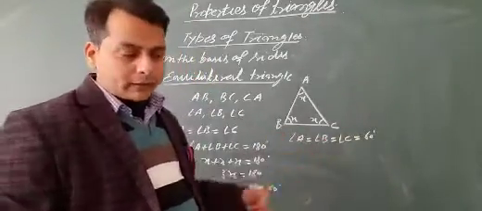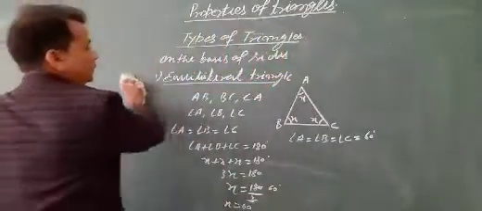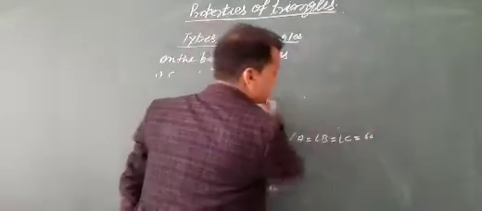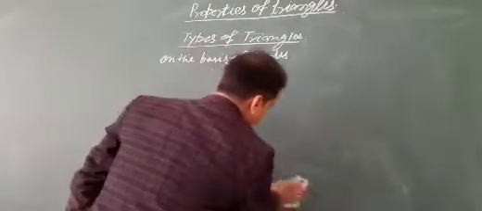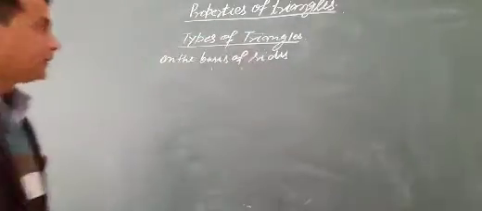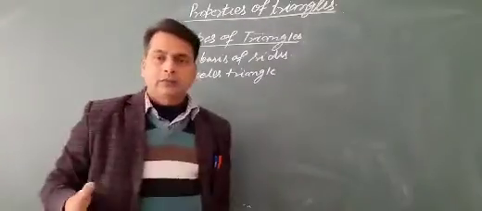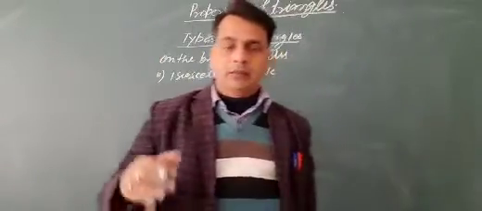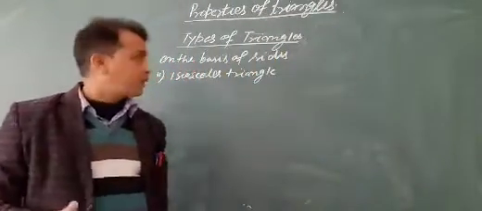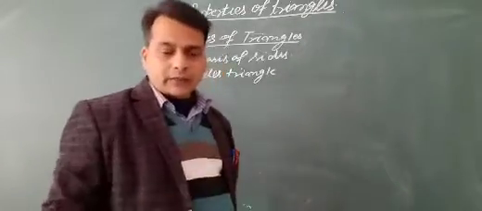Now next is the isosceles triangle. The second type of triangle on the basis of sides is the isosceles triangle.